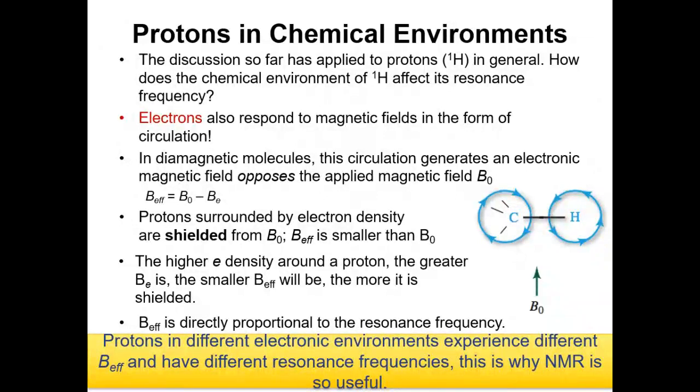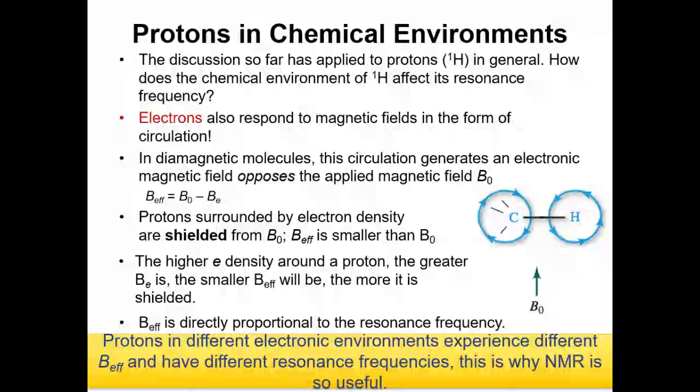Because the organic molecules we're dealing with are almost always diamagnetic, for the sake of simplicity we can consider all organic molecules we deal with in NMR to be diamagnetic.